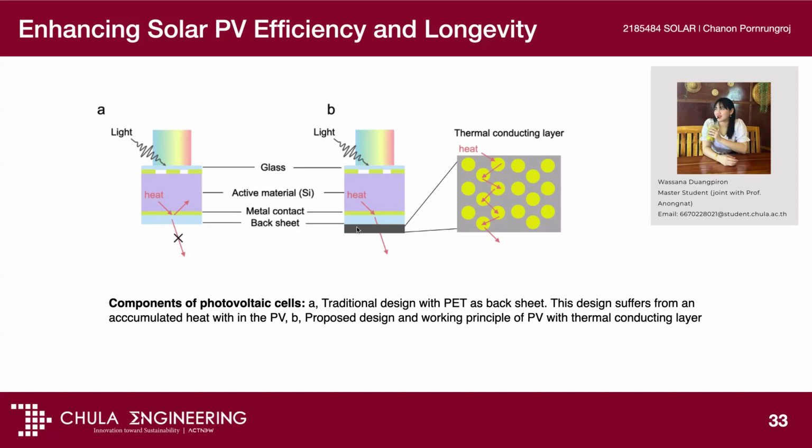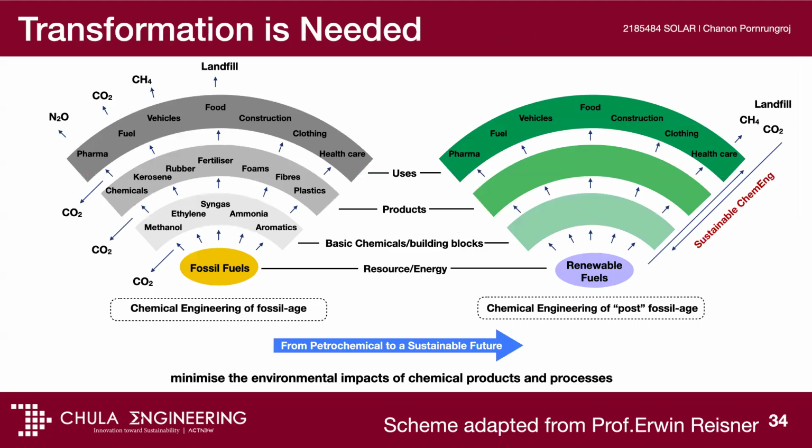So what we did here is simple: just put the thermal conductive paste on the back. By doing so, we can reduce the solar panel temperature by about 2 or 3 degrees. Over 30 years, that's a lot of electricity we can save. So that's one of the ways we try to tackle this thermal issue.